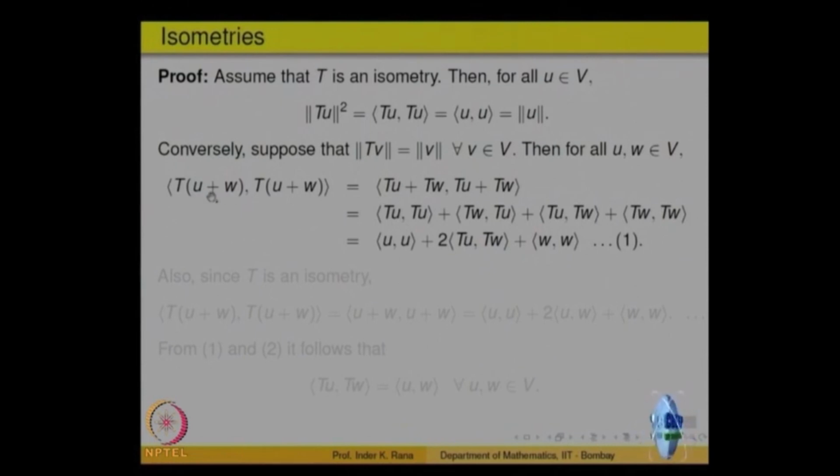Now, T is linear. So, this will be Tu plus Tw, this also will be Tu plus Tw. Use the property that the dot product is linear in both, expand, you will get these 4 terms, right. So, 2 of them are common. So, it gives you Tu, Tu plus 2 times Tu, Tw plus Tw, Tw.